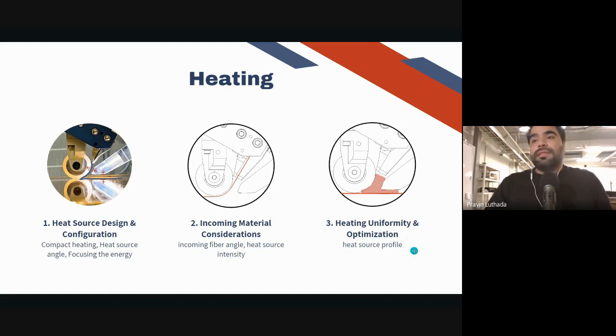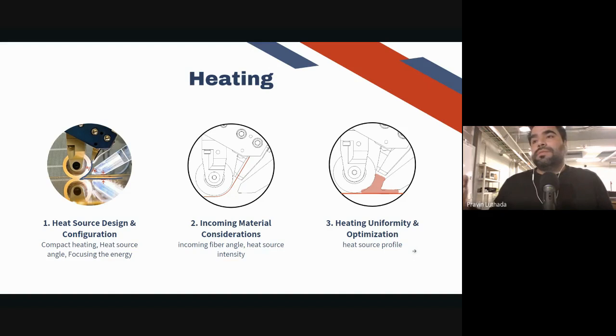Yeah. And then heating uniformity. This basically comes from the type of heat source you have available, but still, the more control you have, the better, because not all materials absorb the energy the same way. So if you have more parameters to play with, where you can change how the heat is given to the material, be it the incoming tape or the substrate.